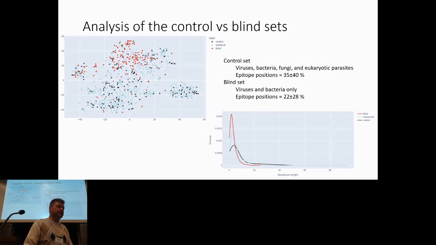So it's not something that you can easily identify, like this has the feature of a fungal epitope versus something else. We're planning to explore that, because there certainly is some bias, even though the training set itself has everything, but the control and blind sets somehow stay apart differently.